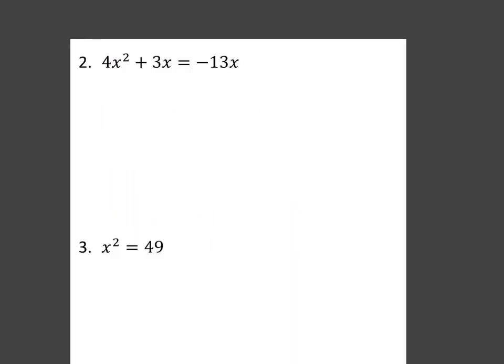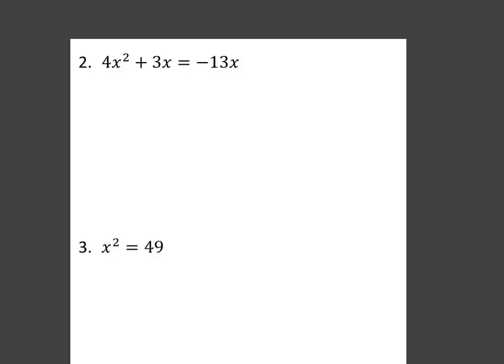Let's look at example 2. 4x squared plus 3x equals negative 13x. First, I must make sure that my equation equals 0. It does not right now. So I need to make my equation equal 0. And how I'm going to do this is by taking the negative 13x and moving it to the other side.